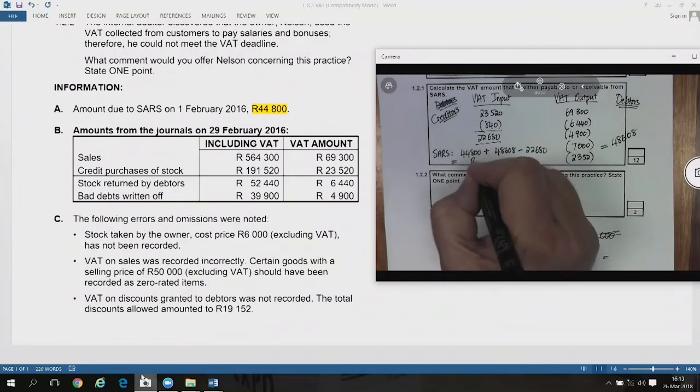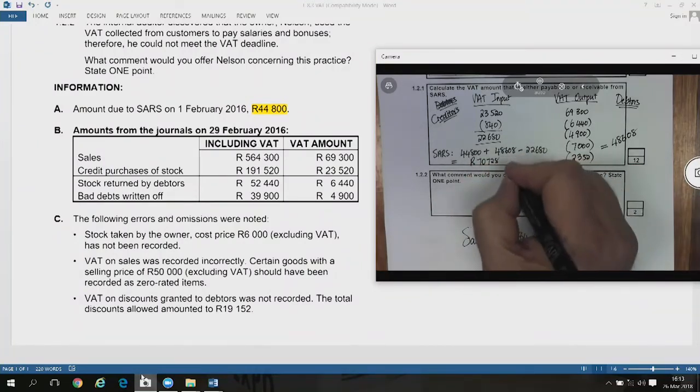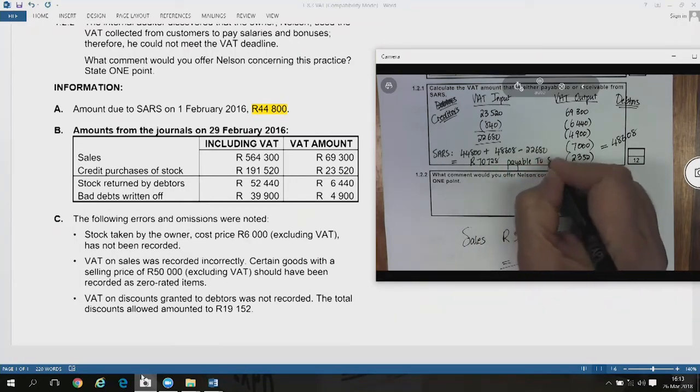That is the amount. And when you write it down, 70728, you say payable to SARS.